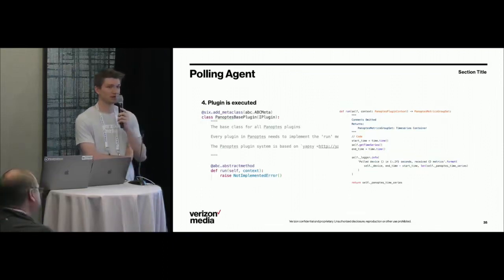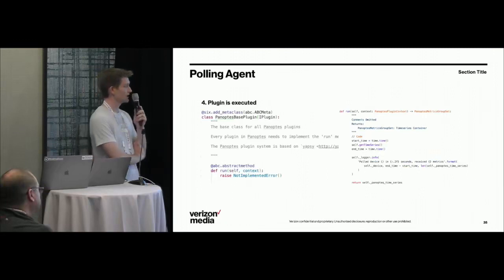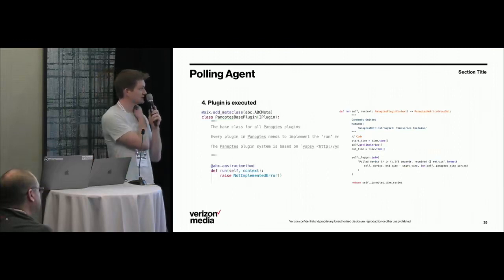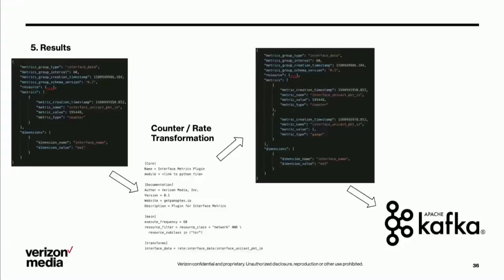It can make an API call, do anything, and then log successfully pulled device, and then the time series are returned. So great, we have some results. In this case, it's interface unicast packets in for interface name EM1.